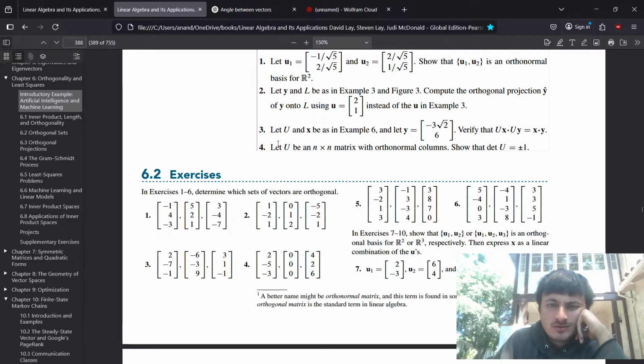This is a good problem. Show that the determinant of an orthonormal square matrix is plus or minus 1.